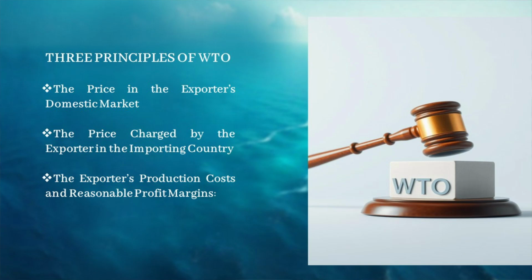That means we now have two prices: the price in the exporter's domestic market and the price in the importing country. Now, the next issue to consider is the exporter's production cost and reasonable profit margin. This calculation ensures that the price at which goods are being sold in the foreign market is compared to the actual cost of production, taking into account a reasonable profit margin for the exporter.